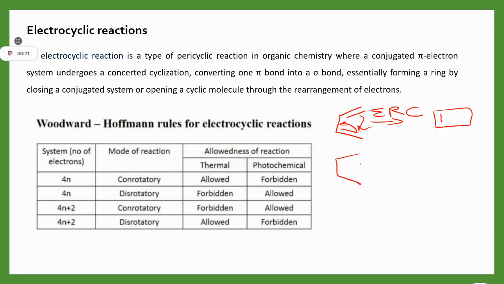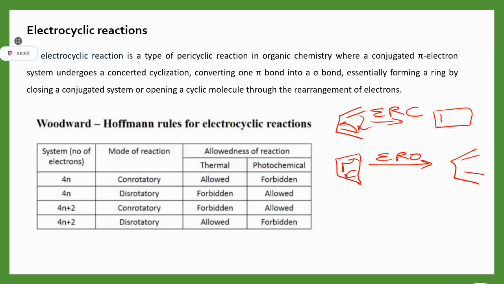And whenever you see this type of system, it can undergo electrocyclic ring opening, and it will lead to formation of this. Both are electrocyclic reactions. So basically what I want to say in this slide is, the electrocyclic ring can be opened and closed also.